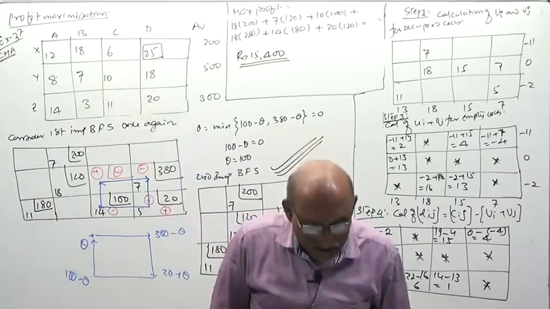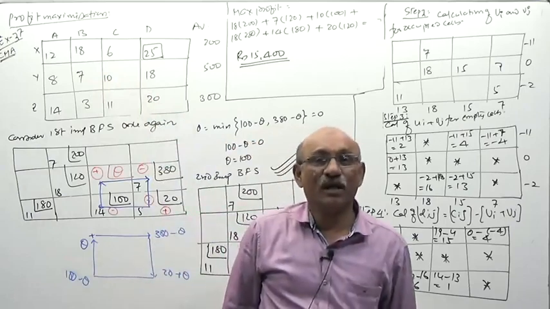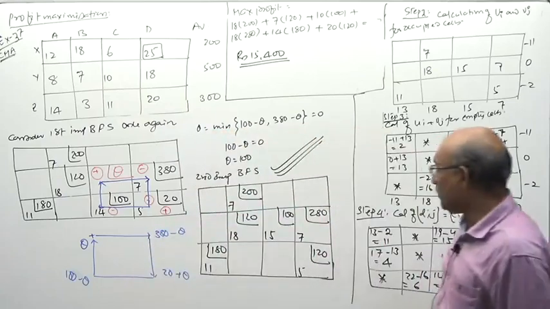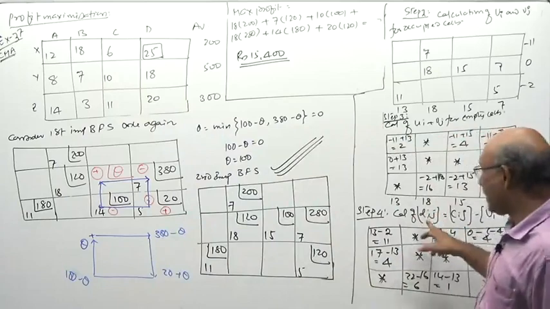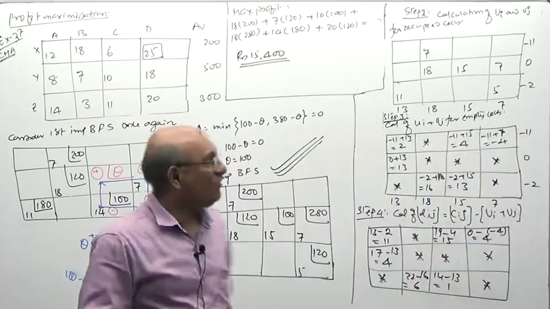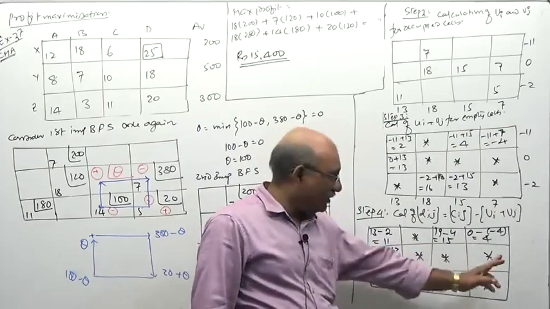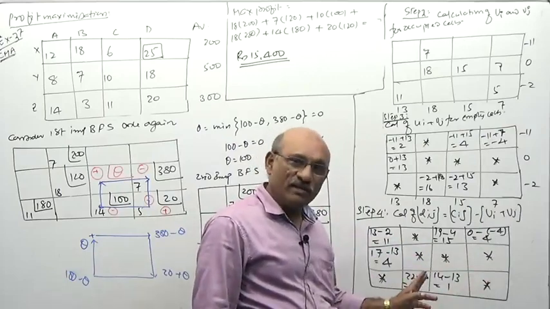Next, existence of zeros in the Dij matrix. Look at this, sir. The Dij matrix of this solution for 37: there is no zero in the Dij matrix.